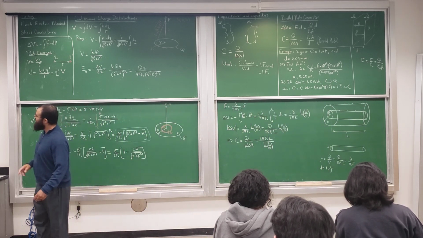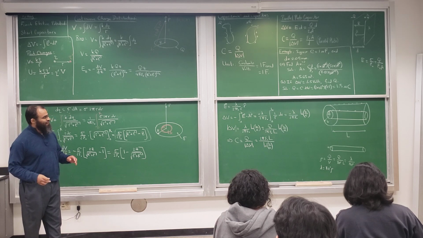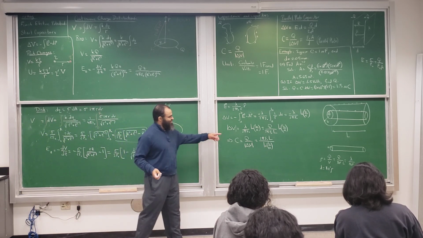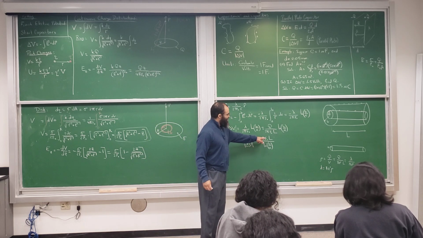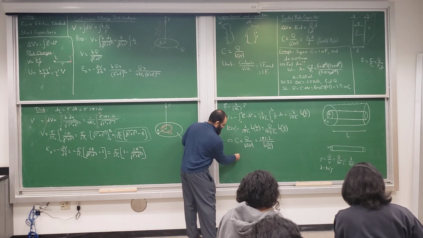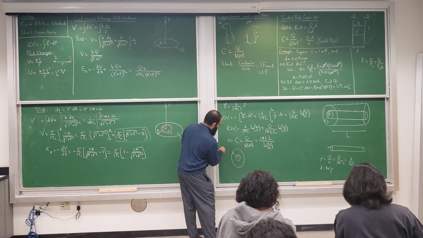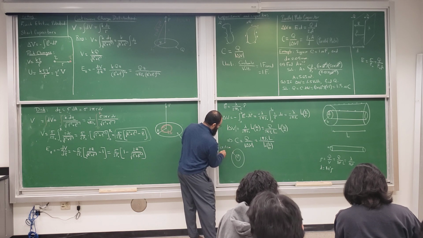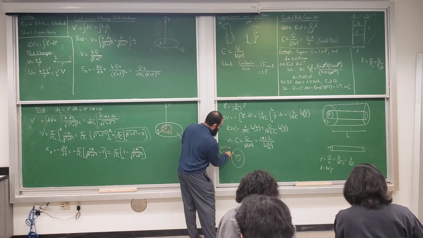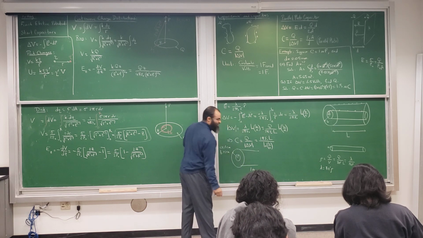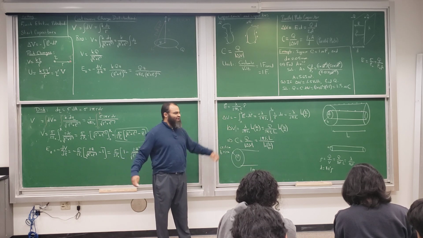Time will not permit doing the spherical one, but let's try to get familiar with this one. Let's say the inner radius A is 1 centimeter, B is 2 centimeters, and the length is 1 meter. What would the capacitance be?